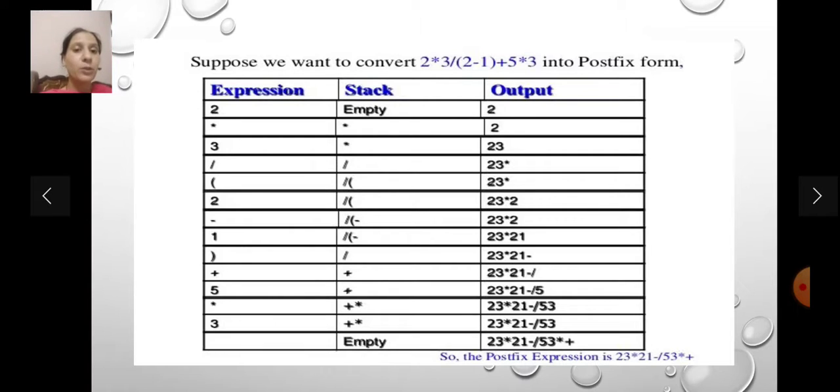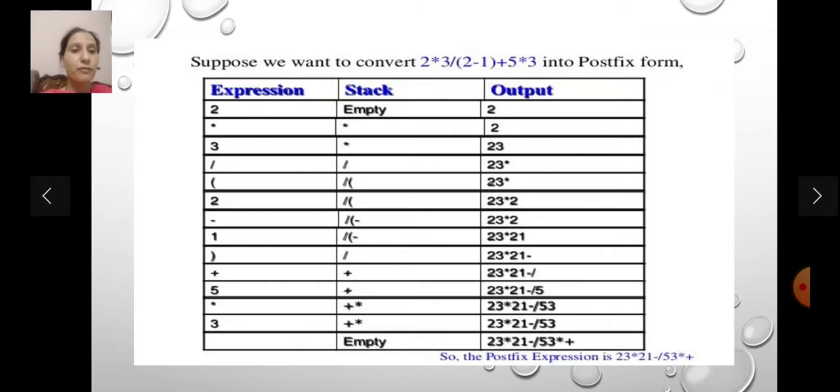Then we enter the closing parenthesis, and the pop operation will be performed. First of all minus comes out, then we get the output 2 3 multiply 2 1 minus. Now only divide remains in the stack. Then we enter plus, and the operator pops out, so in output we have 2 3 multiply 2 1 minus divide. Then we enter 5, and in output we have 2 3 multiply 2 1 minus divide 5.